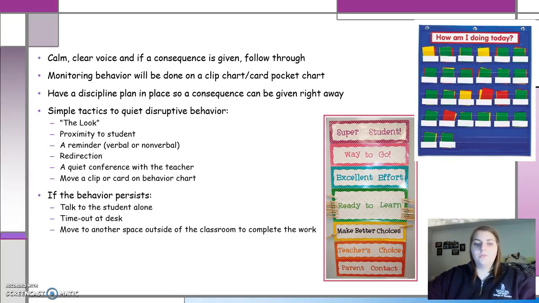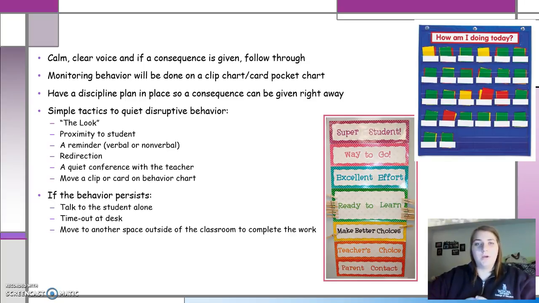And then if the behavior is persisting, bump it up a little bit, possibly have them move another clip, talk to the student alone when the rest of the kids aren't in the room. I think that brings down distractions, and it will help the student focus on what I'm trying to talk to them about.